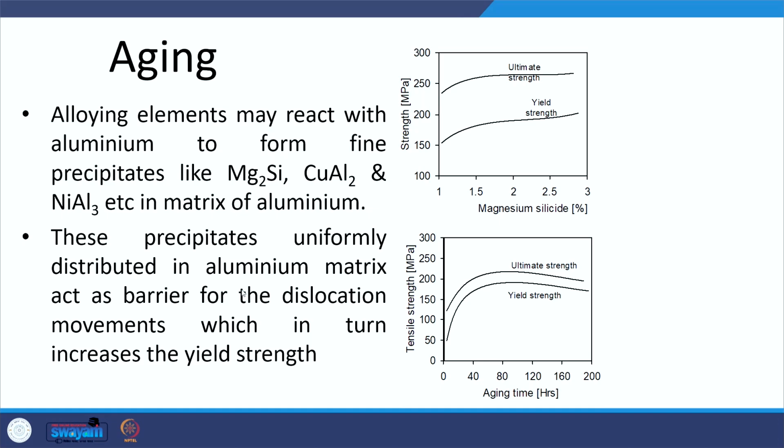When these are well distributed in the aluminum matrix, they effectively act as a barrier to the movement of dislocations, which in turn increases the hardness and yield strength. On increasing the aging time, we attain the maximum strength at a particular value. Thereafter, strength starts decreasing. This is what is termed over-aging. And when the proportion of hardening precipitates like Mg2Si is increased, it increases the yield strength as well as the ultimate strength.